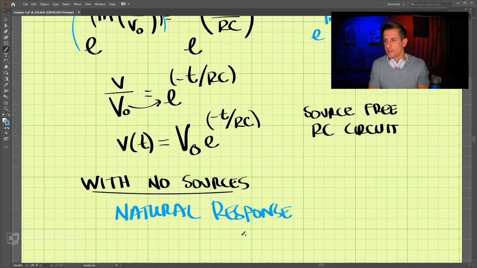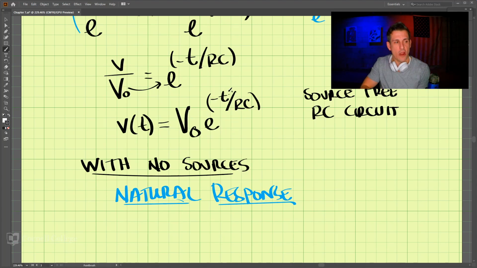Natural response means this is the way it behaves naturally with no voltage added or no current added. So this is what we call the natural response of the circuit.